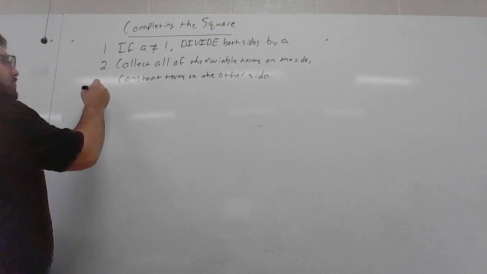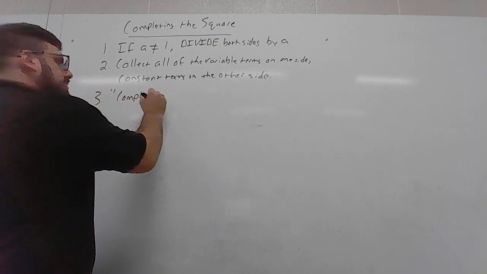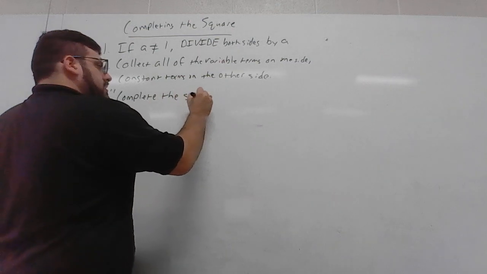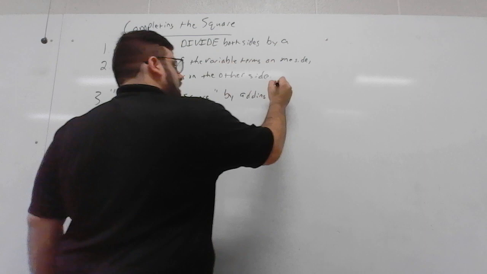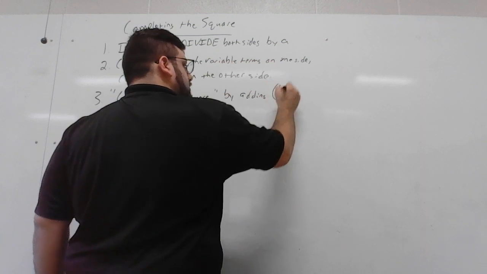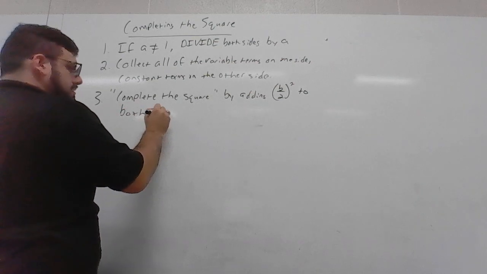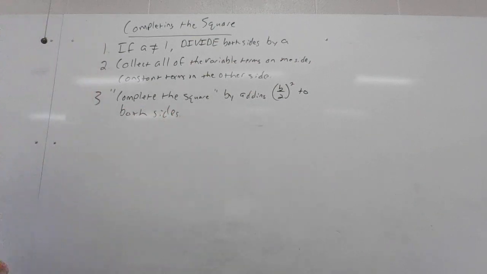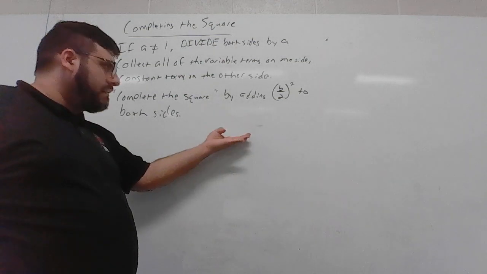Then here comes the actual completing the square part. Complete the square by adding b over 2 squared to both sides. And that's what it means to complete the square. We're adding something on both sides so that our variable side is now a perfect square.